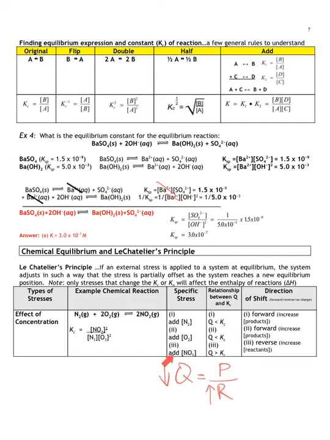Now the other stress. Here's another stress. In this scenario, the stress is adding NO2, nitrogen dioxide. In doing so, your reaction is going to try to get rid of nitrogen dioxide. To get rid of nitrogen dioxide means you're going to make more of the reactants.